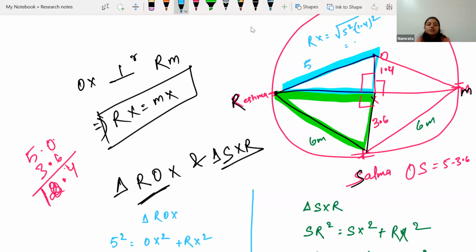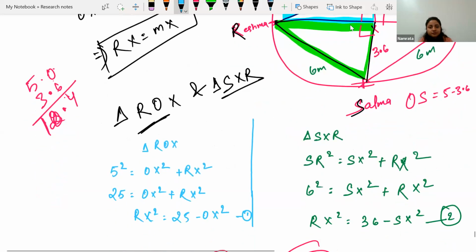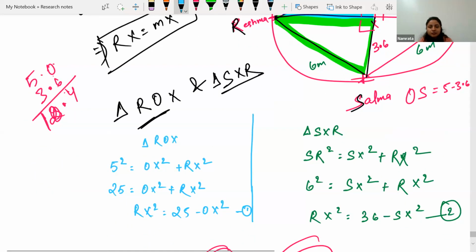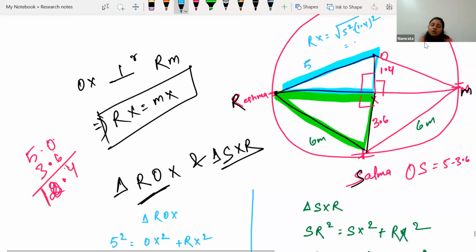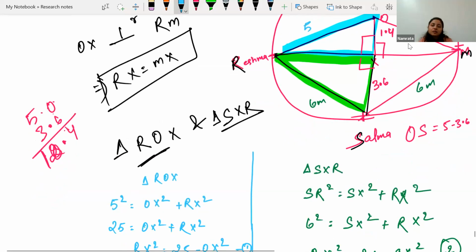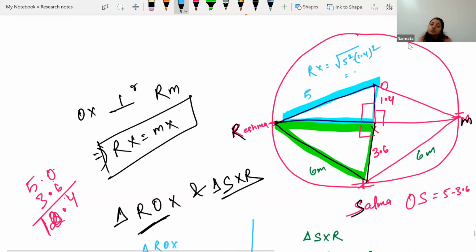After finding RX, we will say MX will also be the same, and hence we will add both of them and we will get our answer. Calculation part we will do together, but let me know if the concept is clear or not. We are dropping the perpendicular on the chord and we are saying that the perpendicular will bisect the chord. RX and MX will be the same. Now we are taking two triangles, the sky triangle and green triangle, and we are doing it just like yesterday.